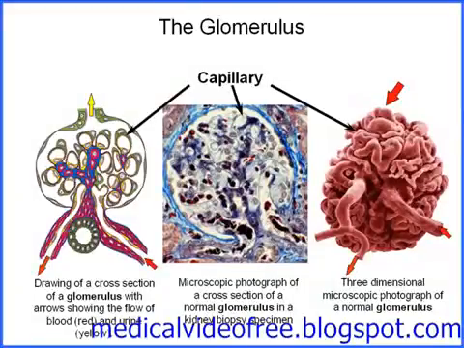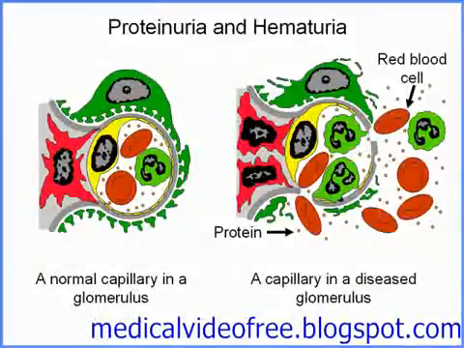So here's a diagram. If we go back to that previous picture for a minute and look at just one of those capillaries that the arrow is pointing to on the left, and blow it up even bigger in this diagram, now you can see it has the structure like a little vessel that we talked about before. On the left is what it looks like normally, with the red blood cells and a white blood cell, and the little tiny golden globes represent proteins.